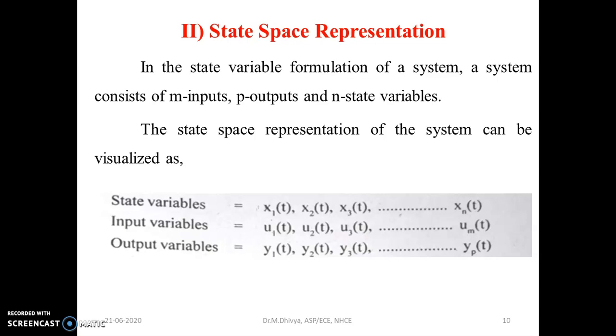The state space representation of the system can be visualized as state variables, input variables and output variables. The state variables are represented by the notation x, input variables by the notation u, and output variables by the notation y. We have n number of state variables, m number of input variables and p number of output variables.